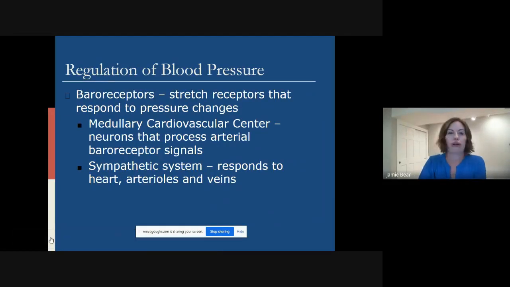So another really important physiologic process that our body does, and it's called a feedback loop, is to maintain an appropriate blood pressure throughout our body. So one of the ways we do this is through our baroreceptors. Our baroreceptors are special stretch receptors that respond to pressure.